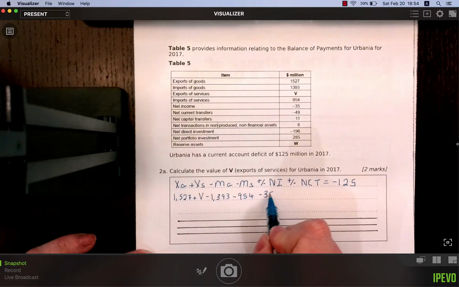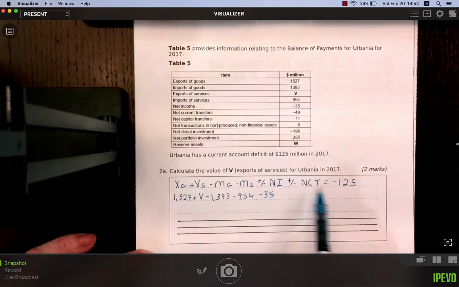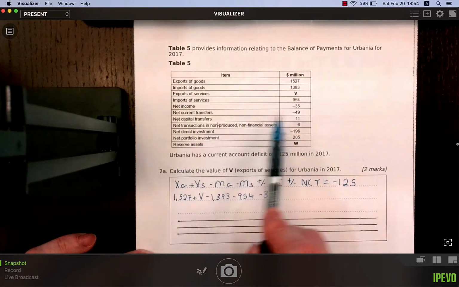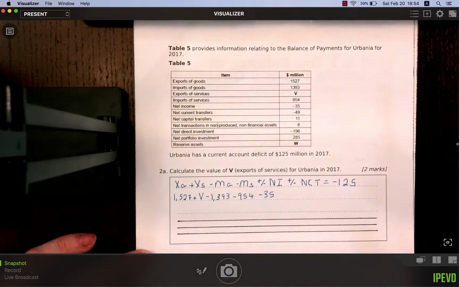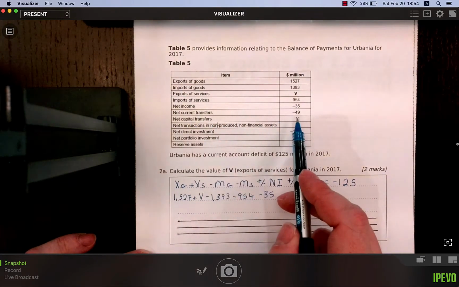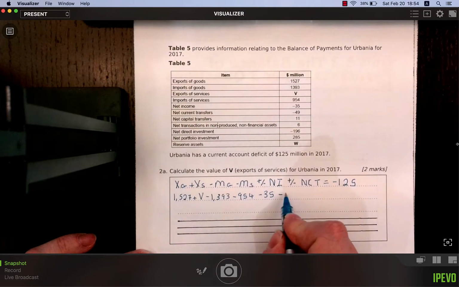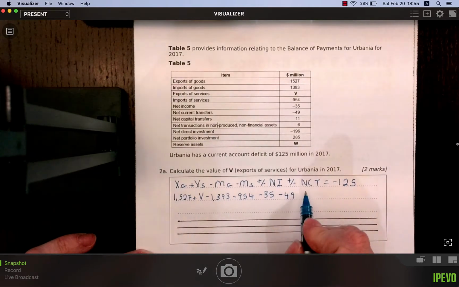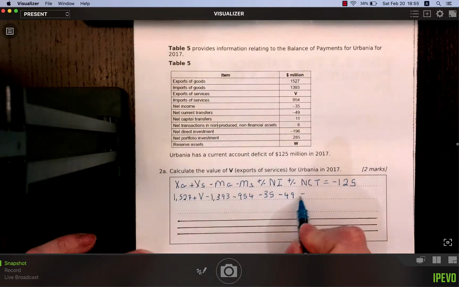And then we have plus or minus net current transfers. Urbania has given more transfers, not in terms of paying factors of production, but in terms of overseas aid or something like that. Like the previous example, that is minus 49. And what does all of that equal? All of that equals the deficit we know, which is minus 125.